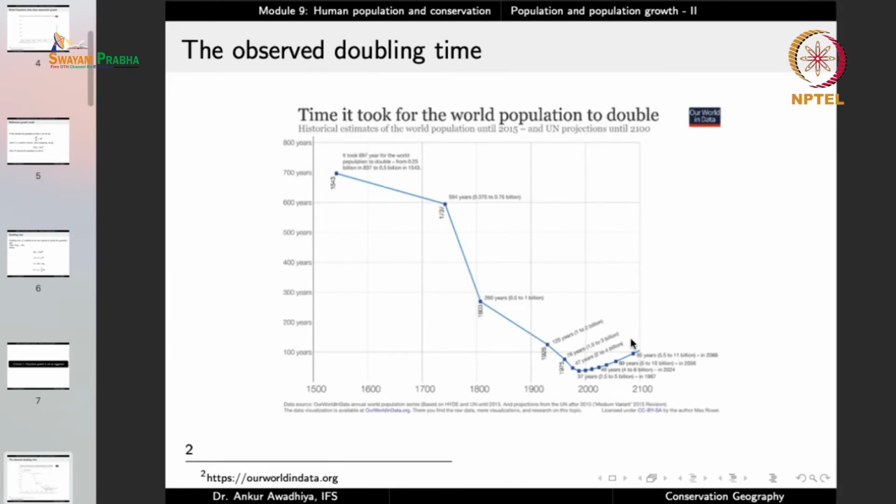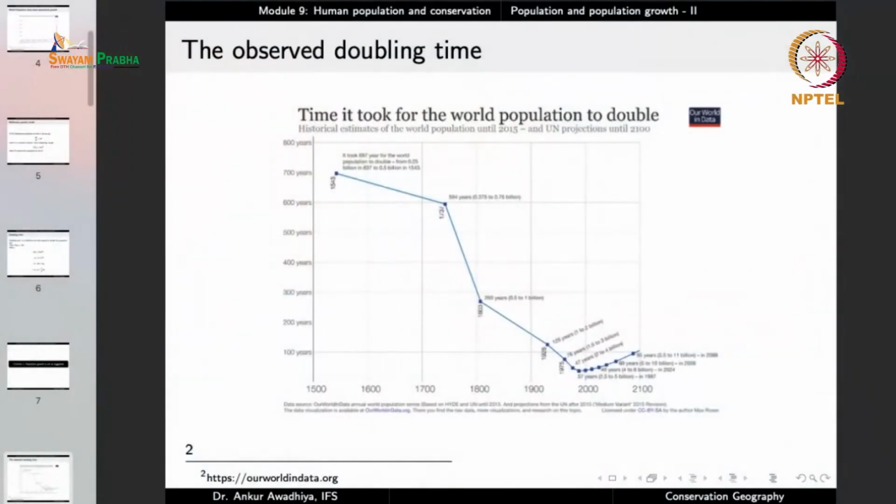So this is the actual doubling time, which tells us that Malthus was not exactly correct. The human population does not exactly increase by a geometric progression. It more or less increases by a geometric progression, but the rate is not constant. The rate changes, because of which the doubling time also changes.